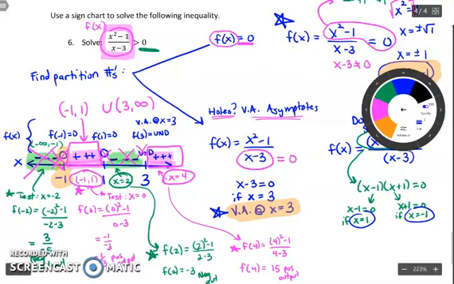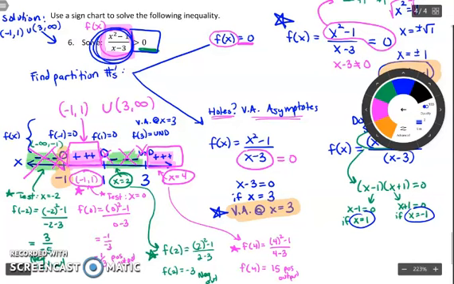When I go to solve this inequality, the solution is this set of numbers: any x value from -1 to +1 or 3 to infinity. If I pick any x value in either of those intervals and I plug them into this rational expression, the output I get is going to be greater than 0. So you can test yourself.